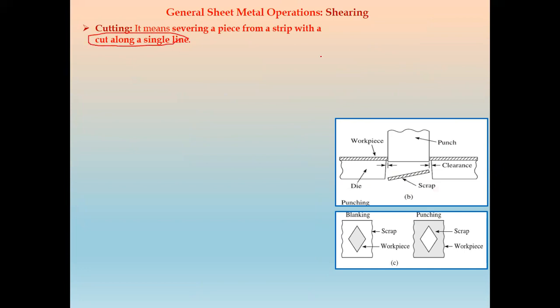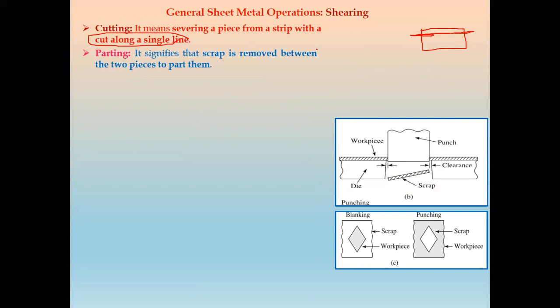So we cut the sheet metal. For example, this is the sheet metal, and we cut this sheet metal along a single line. That operation is called a cutting operation. Okay, so along this line, we cut this sheet metal.